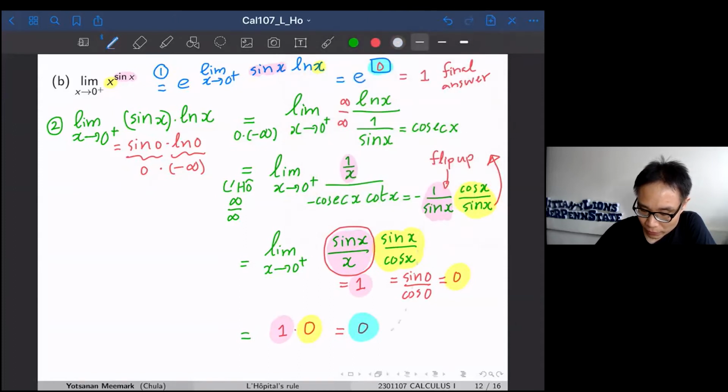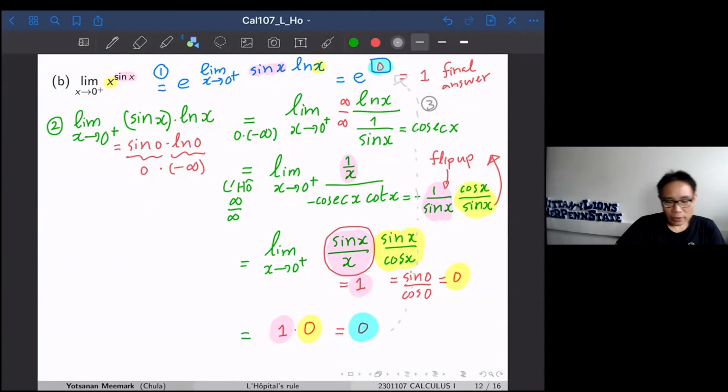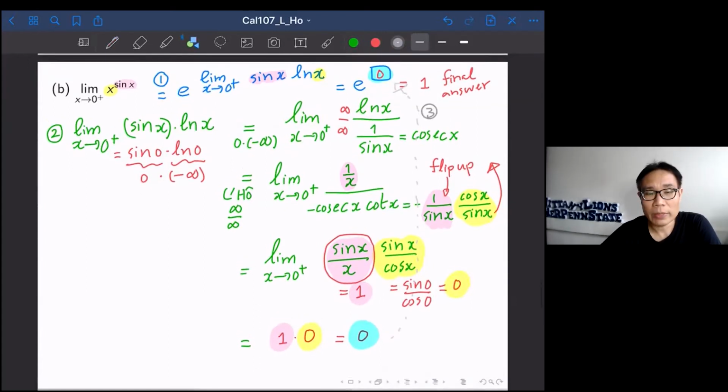Let me go up like this. This one is your third step. This is all that we have for this limit.